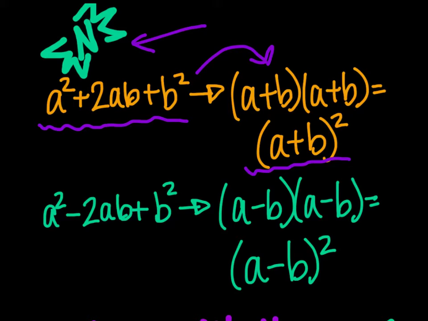Now we can also look at a squared minus 2ab plus b squared. We can see there is a direct correlation with a minus b times a minus b, which is a minus b squared.